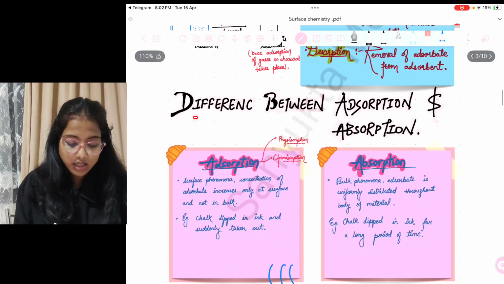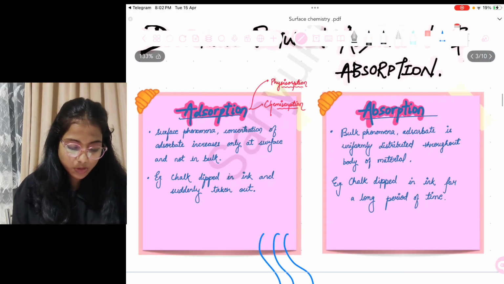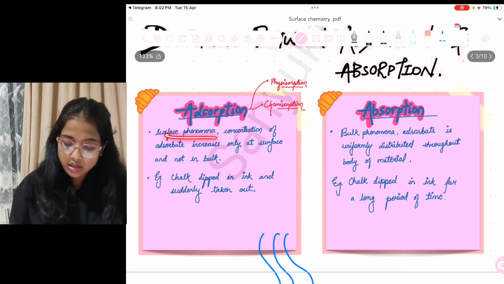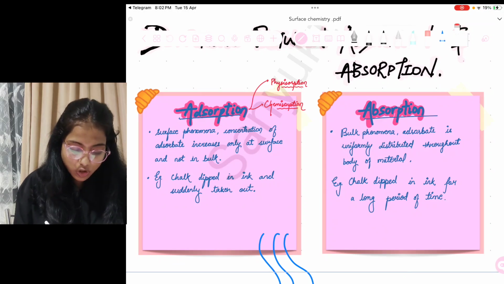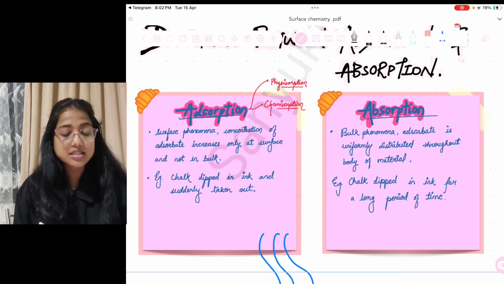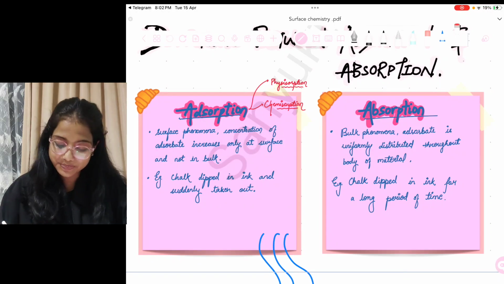Now we will see the difference between adsorption and absorption. Adsorption is a surface phenomenon, whereas absorption is a bulk phenomenon. In adsorption, the concentration of adsorbate increases only at the surface and not in the bulk. I already told you the difference between the surface and the bulk.